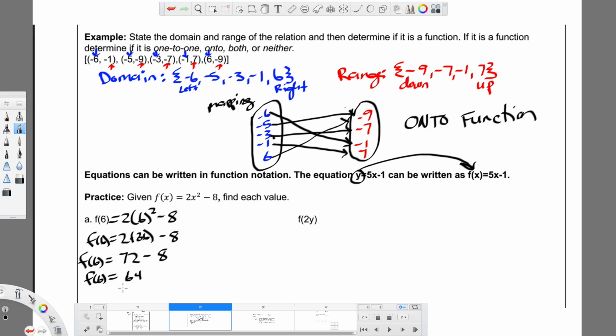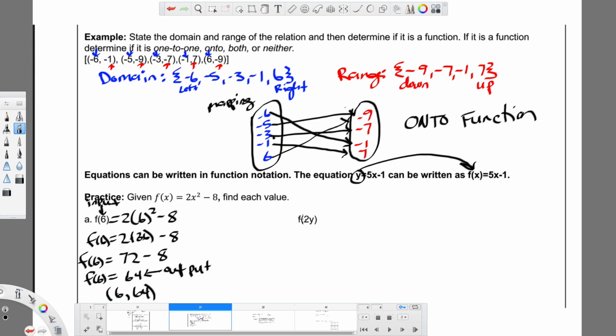So this is another way of saying if I plug in 6, this is my input, this is my output. So input, output. And that's the same thing when you're looking at your x and y coordinate. Input is x, output is y. So if I put in 6, I get out 64.